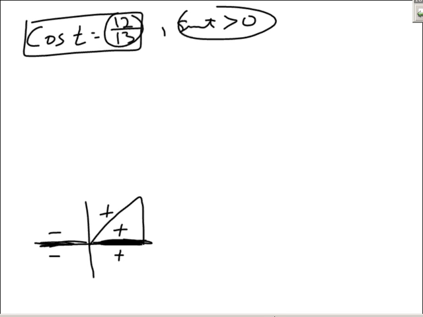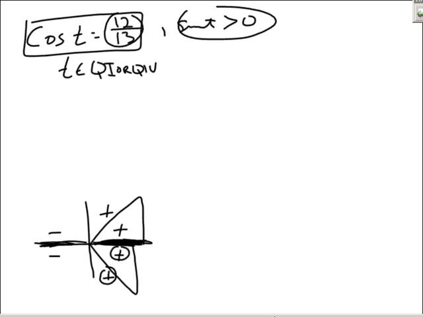So the cosine, which is adjacent over hypotenuse, is positive. Same deal with quadrant 4. The adjacent is positive, hypotenuse is positive. You divide them, you get positive. So we know that t is in quadrant 1 or quadrant 4.